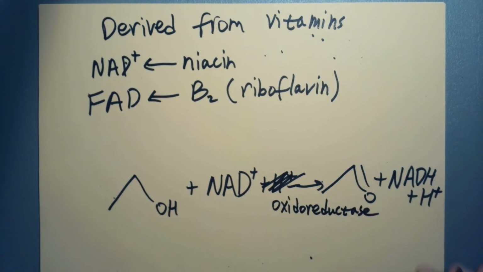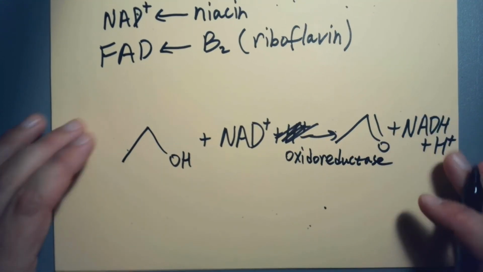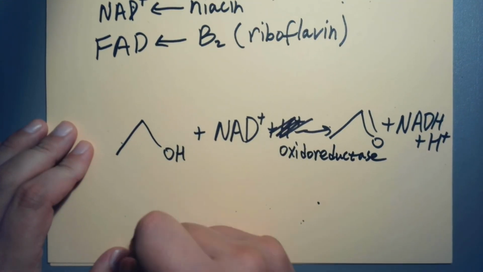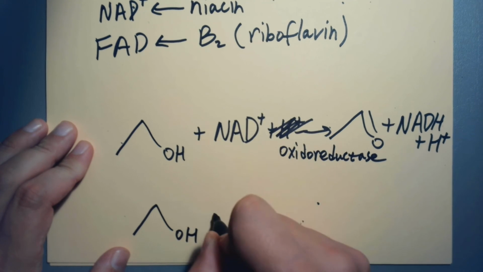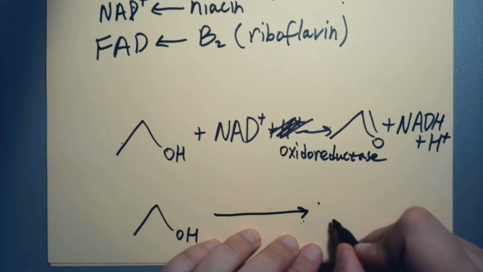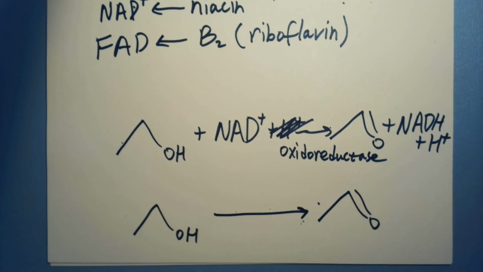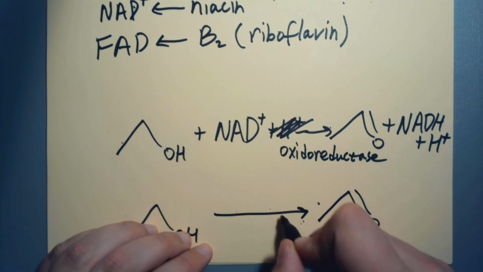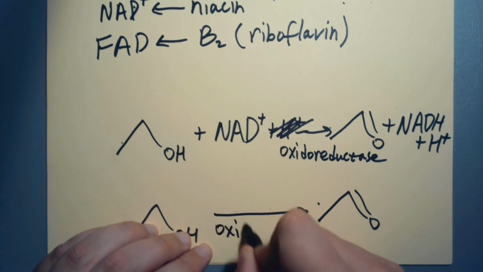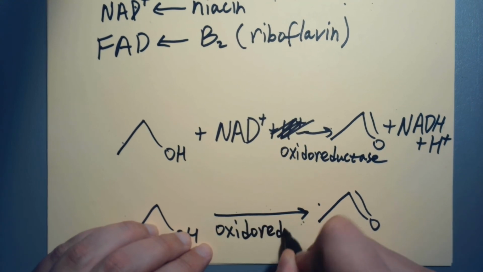And so another way of writing this, using the format from the last section, would be: I've got a molecule, I'm going to do a big reaction arrow because I've got to fit some stuff around it, and I've got another molecule for a product. So what do I label here? Well, I'd have a box down here. I'd write oxidoreductase. How do I know it's oxidoreductase?